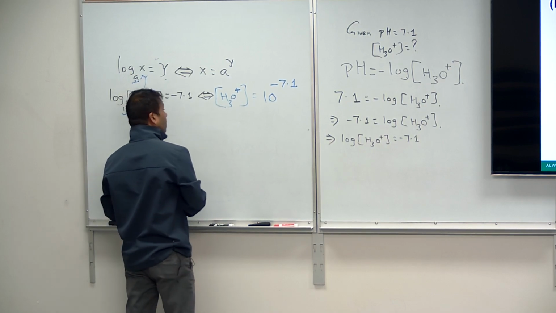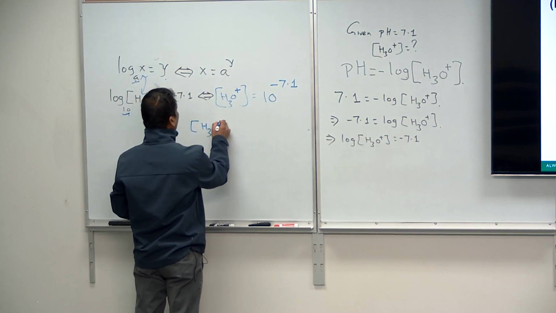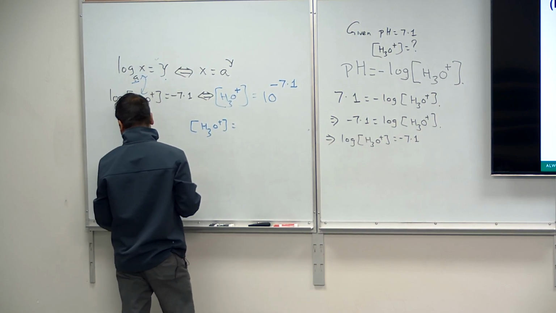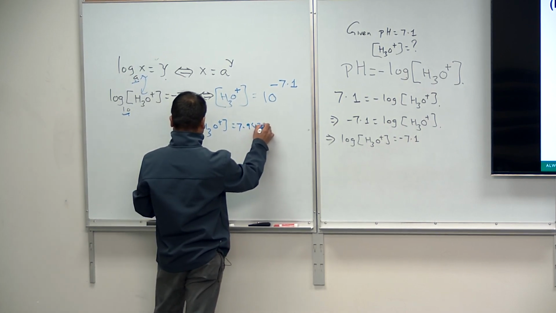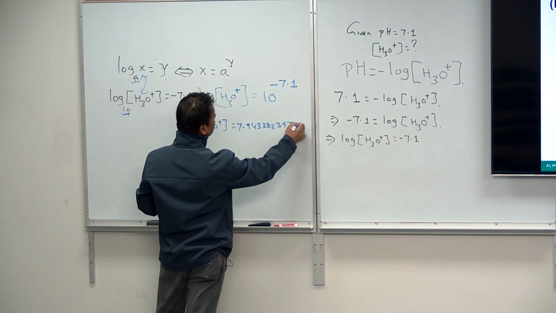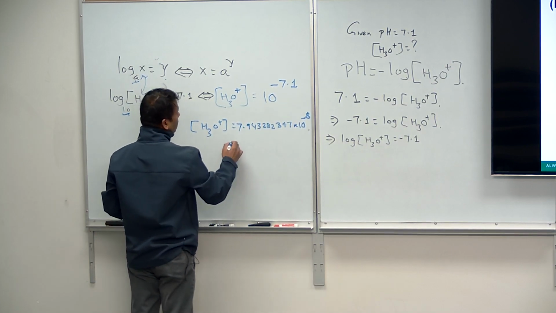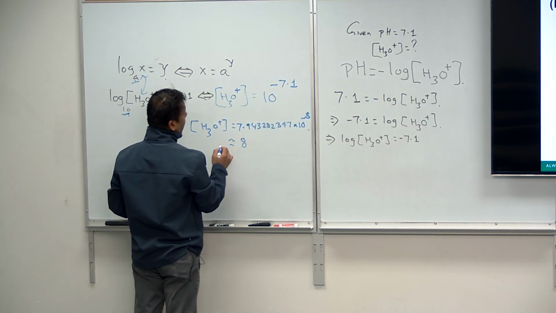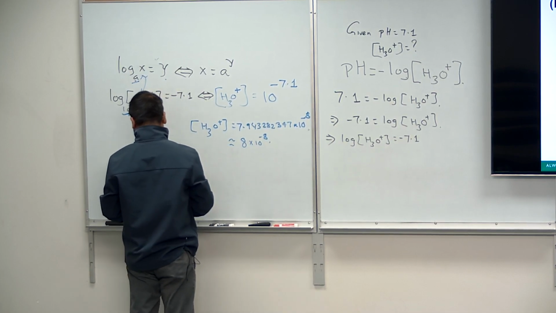I got H3O plus equals 7.943282347 times 10 to the power negative 8. I got this one. And this is equivalent to 8 times 10 to the power negative 8, right?